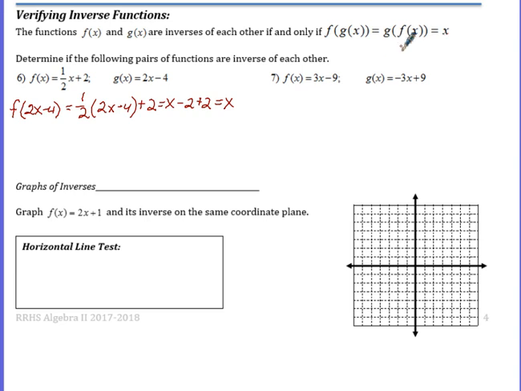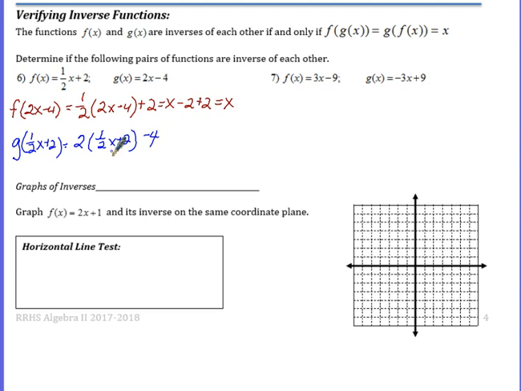But we also must see that g of f of x also does so. So let's do it in the reverse. G of the f function, 1/2 x plus 2. What is that? That means I take this whole function and I input it into g. So 2 times 1/2 x plus 2 minus 4.